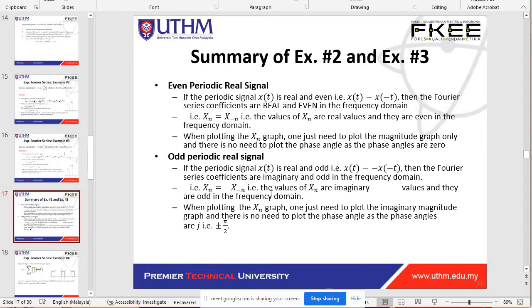So when plotting the X_n graph, one just needs to plot the imaginary magnitude graph, and there is no need to plot the phase angle, as the phase angle is j. j means 90 degrees. This summary is also on page 111 in your module.